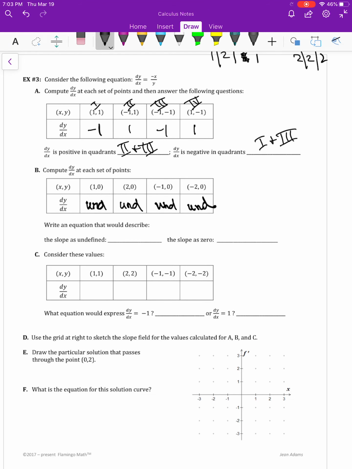And so the slope as undefined is like x equals a, any vertical line, and the slope is 0 is y equals b, any horizontal line.